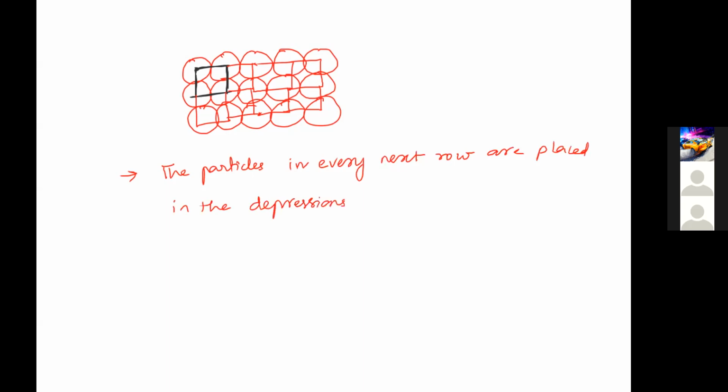The other one is when the particles in every next row are placed in the depression between the particles of the first row.